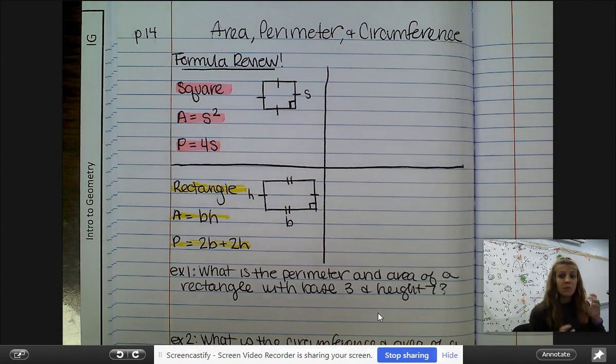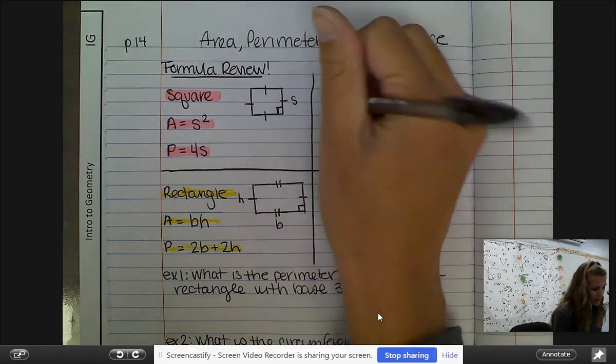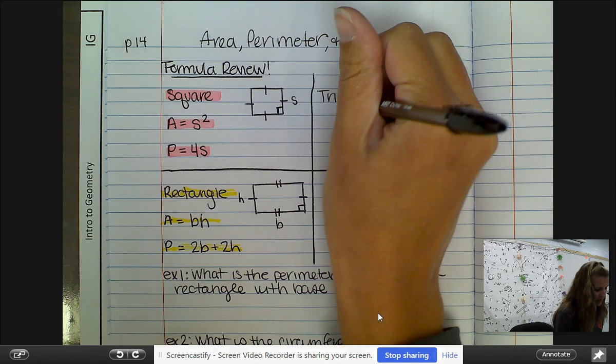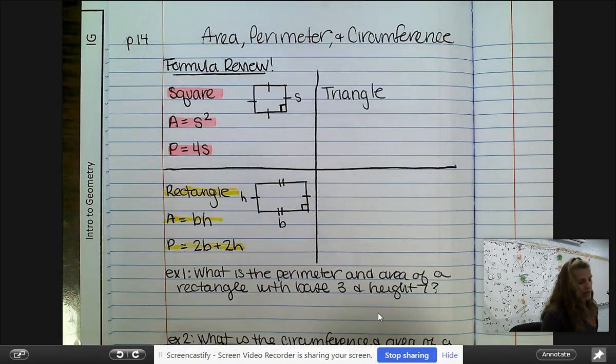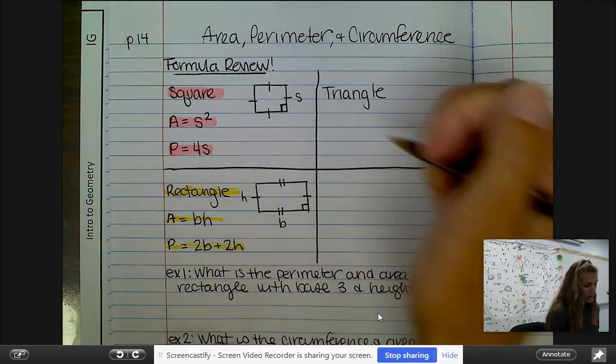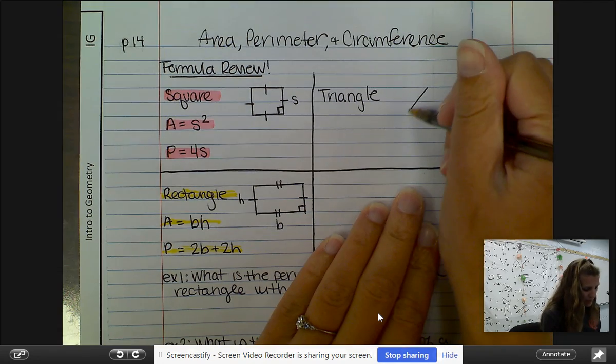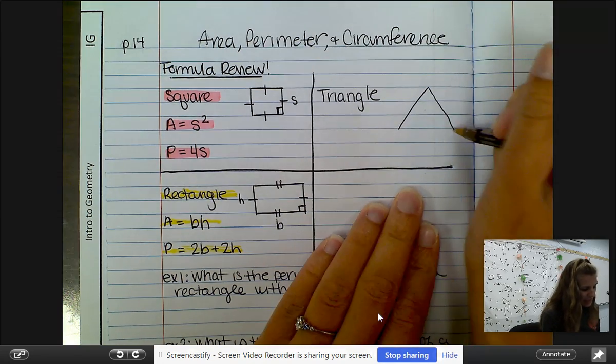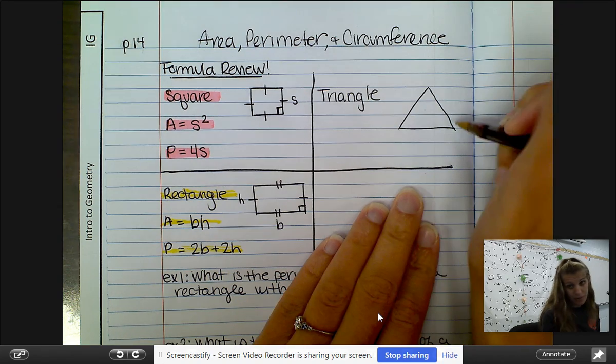Another shape that I want to talk about, pretty simple shape, triangle. We're going to talk lots about triangles in this class. They're so fun. So a triangle can sometimes be a little bit tricky when we want to find the area or the perimeter.